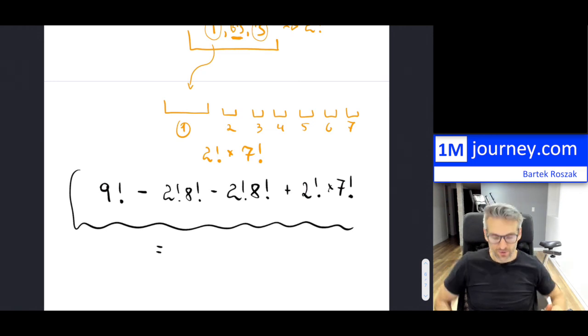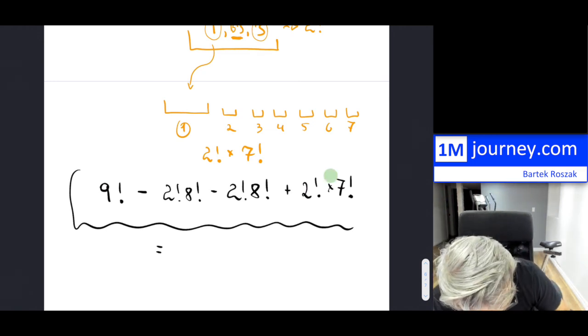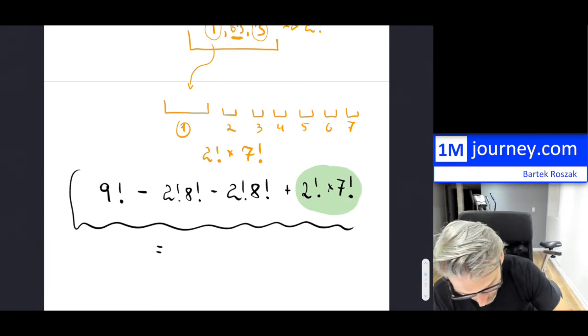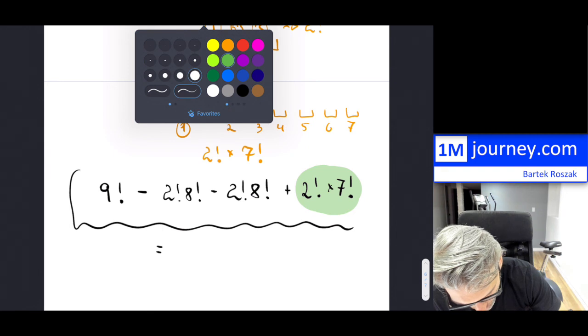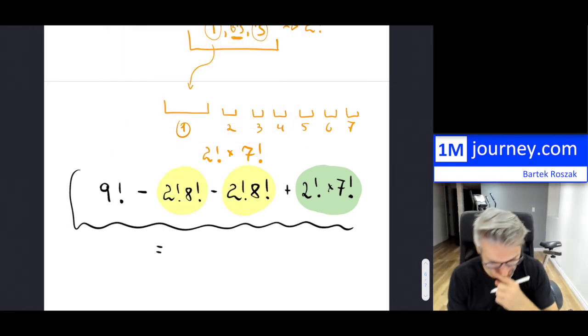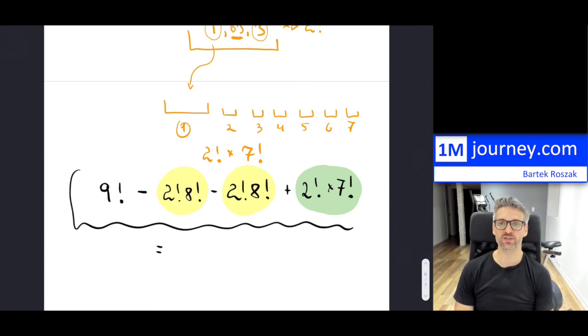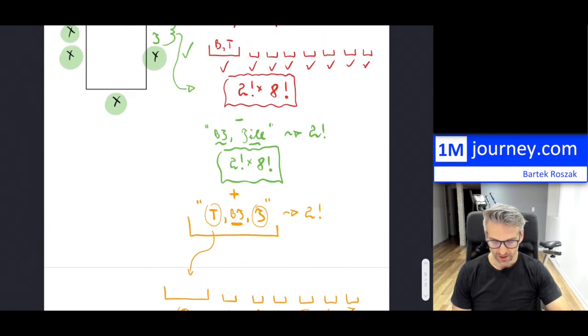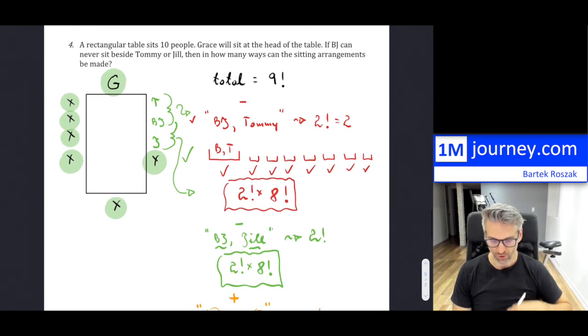But very often this is forgotten, and the reason we do it is that we have subtracted it 2 times when BJ is stuck in the middle between Jill and Tommy. So we have to be careful with that. That's another really nice example for this organized counting.